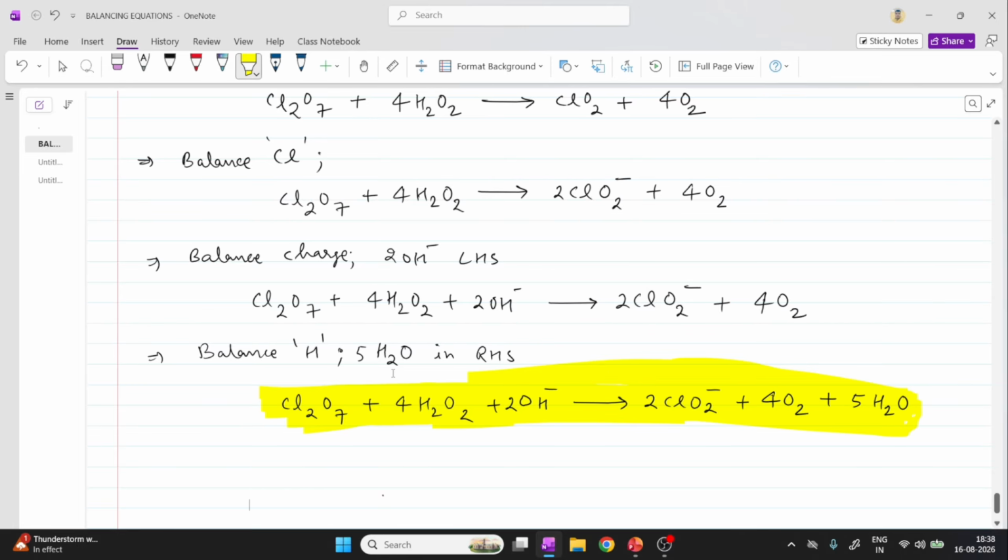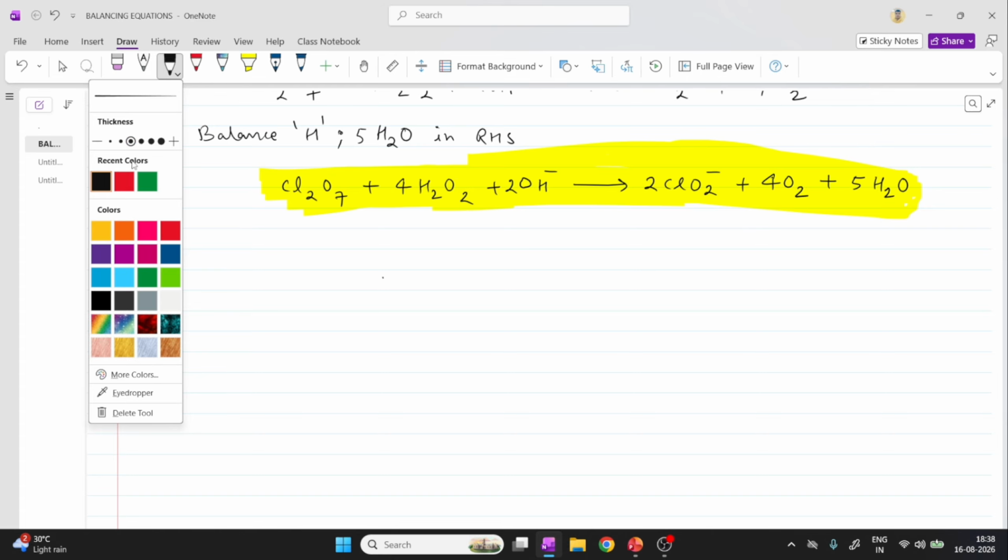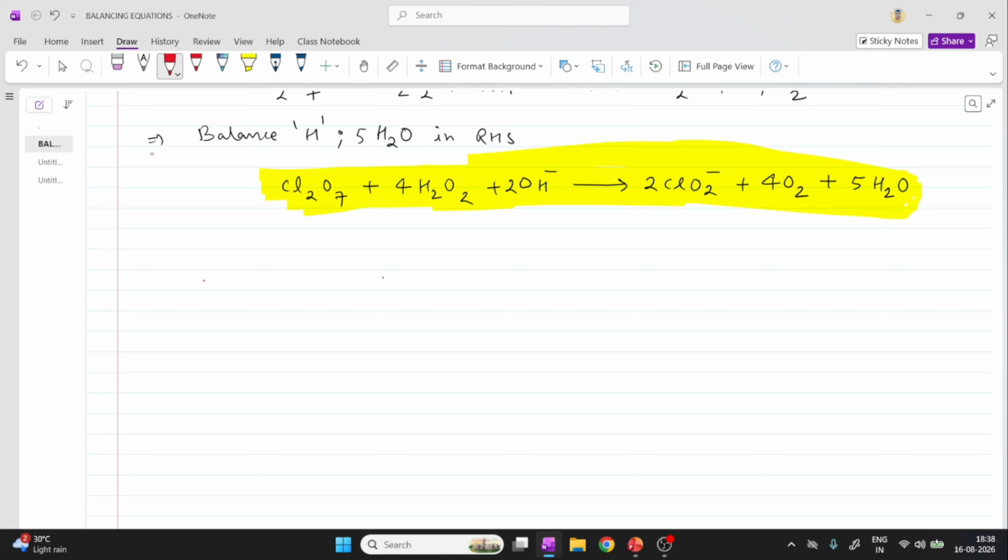So this is the equation using the oxidation number method. Now I will be using the same equation but a different method, the ion electron method.